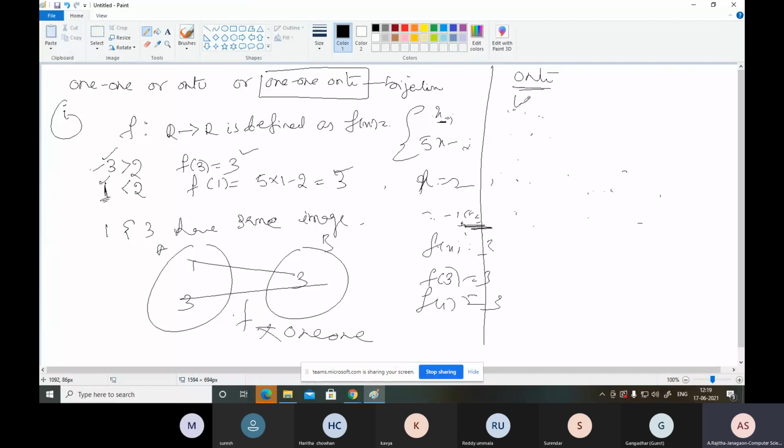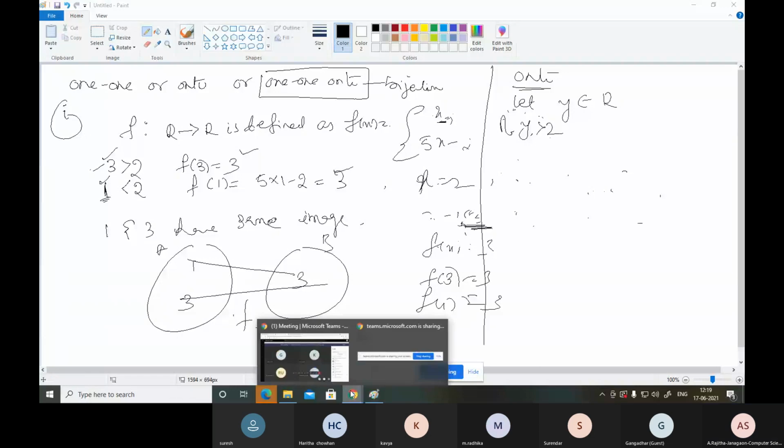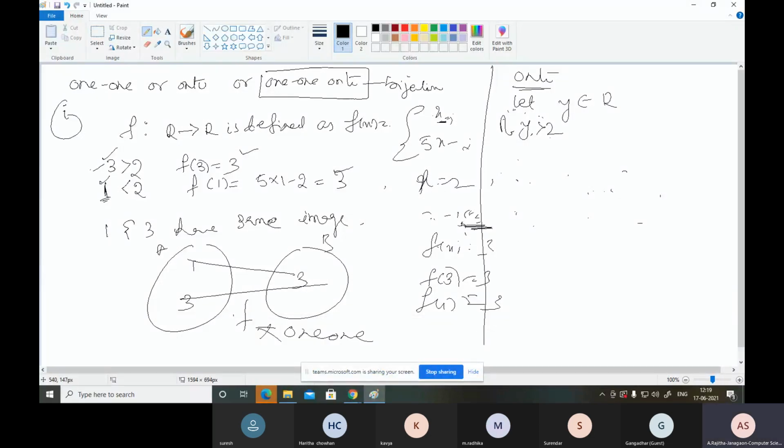For that, first let y belong to R. So if y is greater than 2, take x equal to y. That is, if y is greater than 2, take x equal to 1.